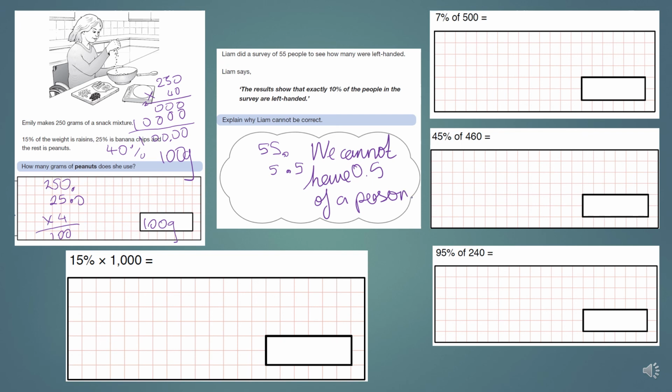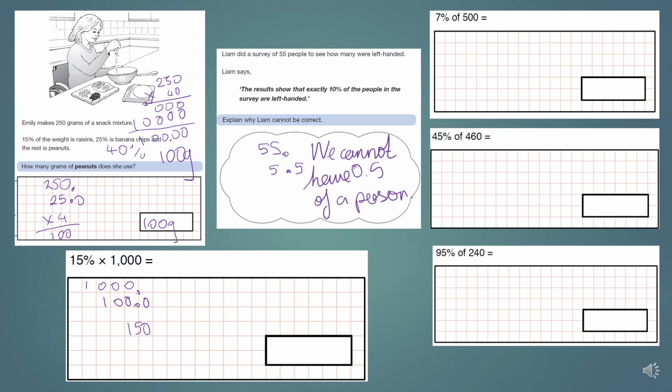Okay, 15% times 1,000. It just means the same, 15% of 1,000. You can find 10% and then halve it for 5%, or you can do it the way we're doing in school. So if you were doing that way, 10% of 1,000, everything moves forward once. We'll give you 100, and half of 100 is 50, so you would have 150.